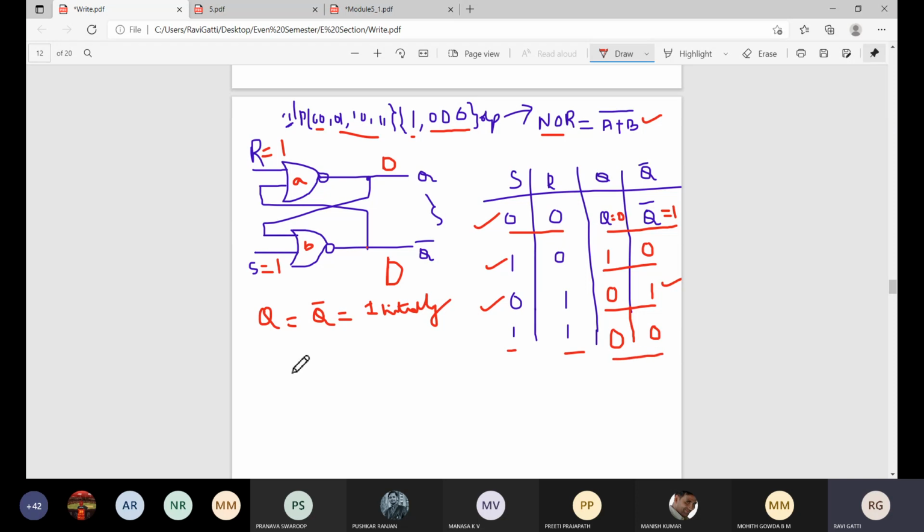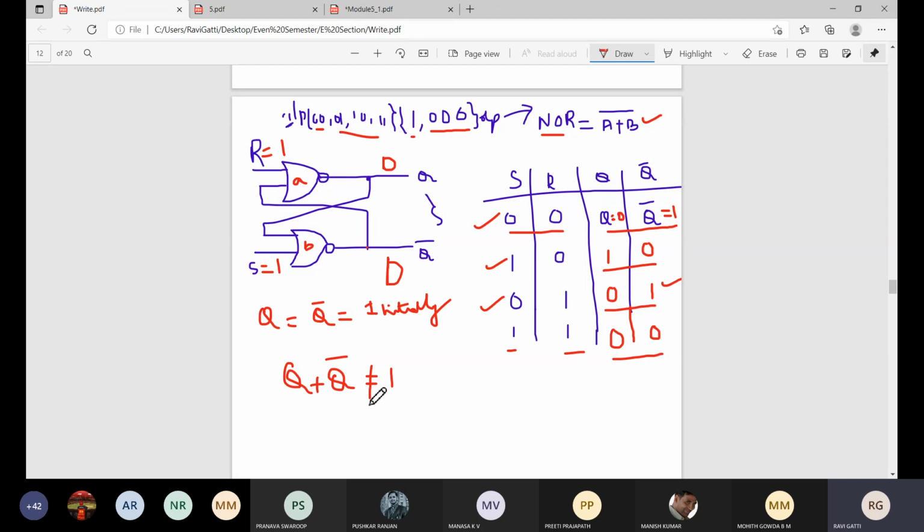I told you, right, Q plus Q bar should always be equal to 1. But for this condition, when S is equal to 1 and R is equal to 1, this condition is not satisfied. Why?